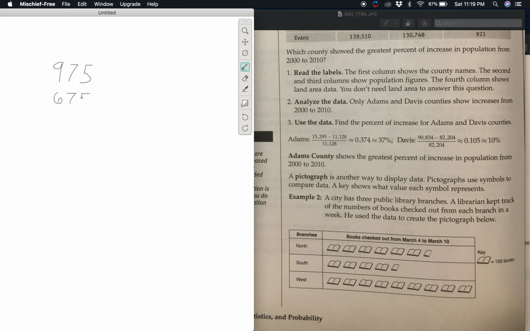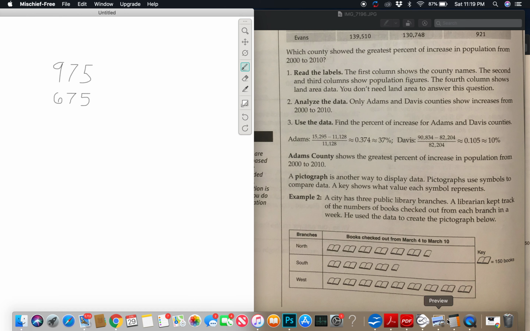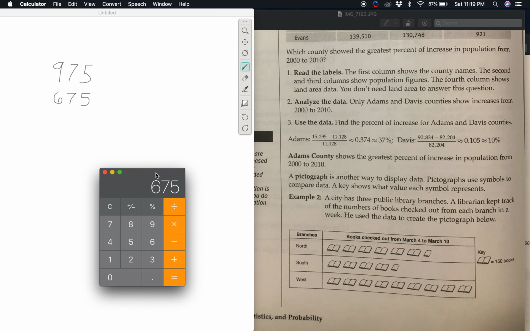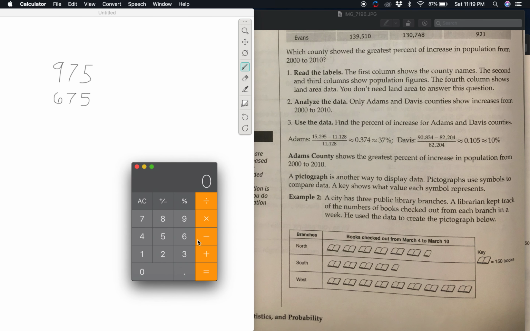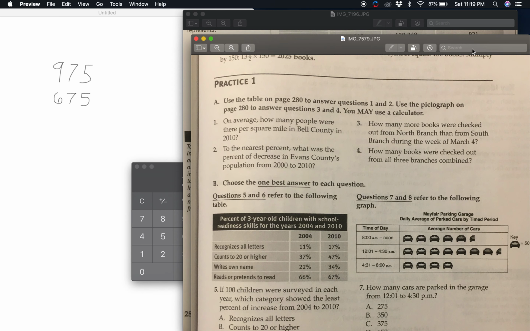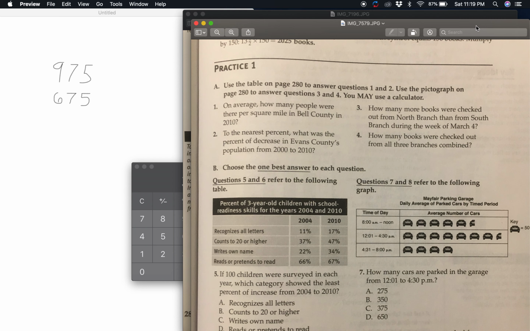So to find how many more were rented out from the North Branch, just do North Branch, they rented out 975, minus how many were in the South Branch, 675. Now we have the difference. So the answer is 300. That is the answer to number 3.